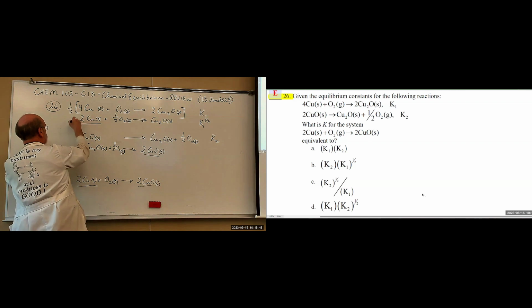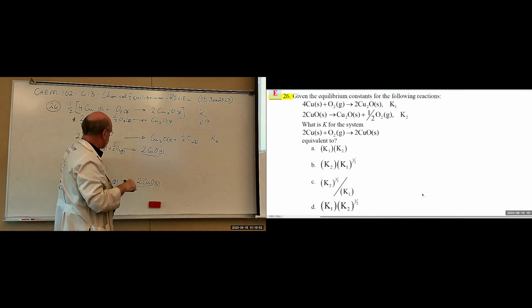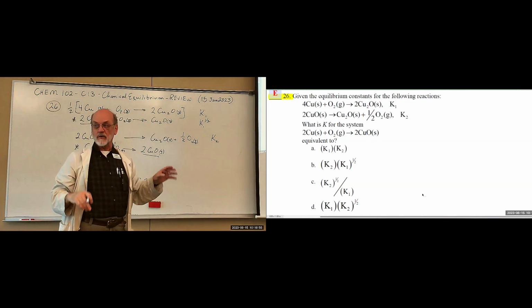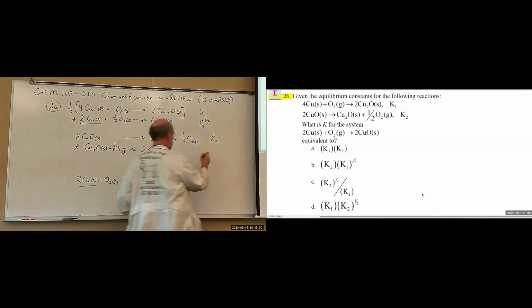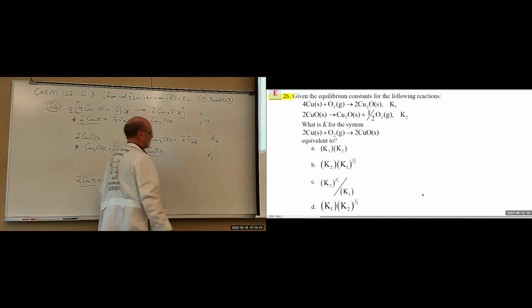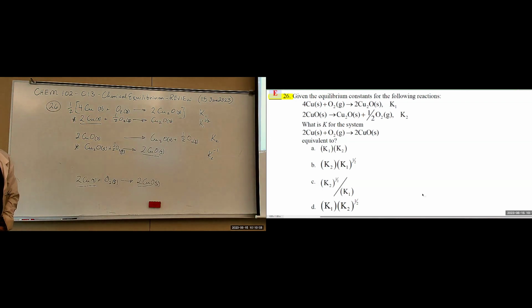We're going to use this one and this one. But what does that do to the K? We flip the equation, which does what to the K? It inverts the K. So it's K to the -1. That's the same thing as 1 over K.